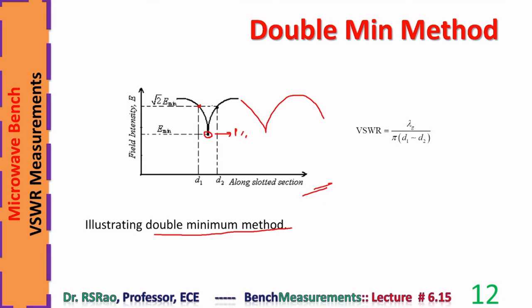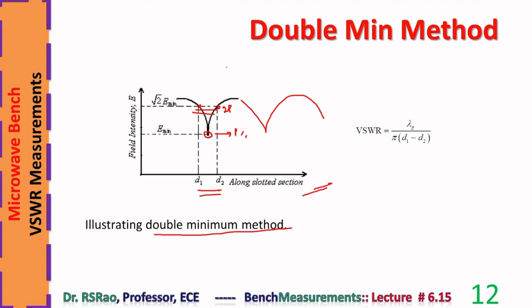These 2 points are identified in the diagram. At these points, let us suppose power is double the power at the minimum point, 2P. Voltage or field intensity will be root 2 E minimum, where E minimum is the field intensity at the minimum point. The distance between these 2 points, the double minimum points, is required.